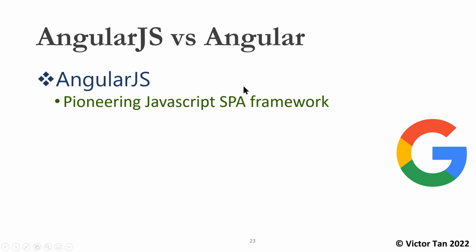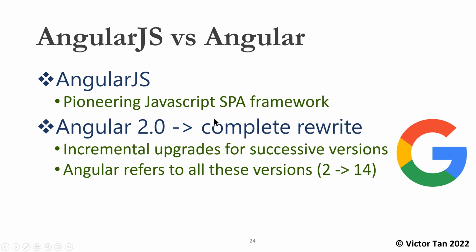AngularJS was one of the first and most popular JavaScript SPA frameworks when it was first introduced in 2009 by Google. So it was the first pioneering SPA framework in JavaScript. The second version of AngularJS was a complete rewrite of the original framework.